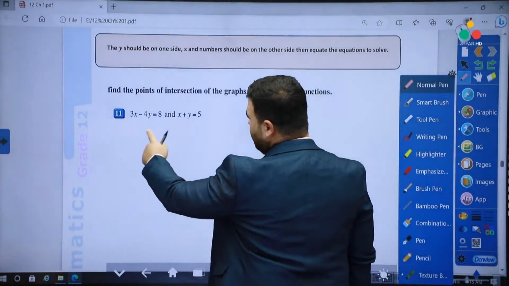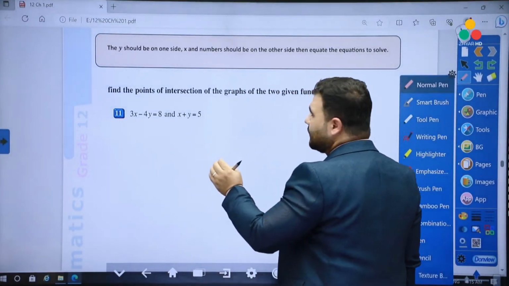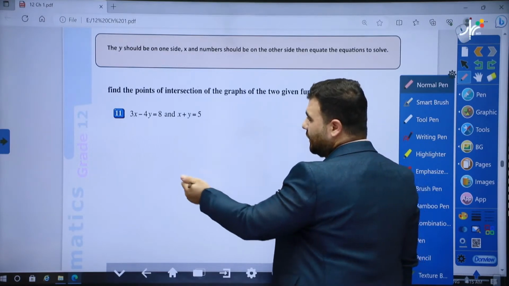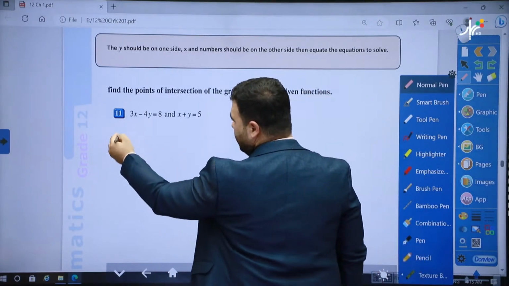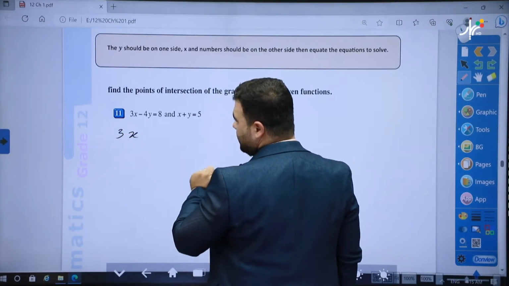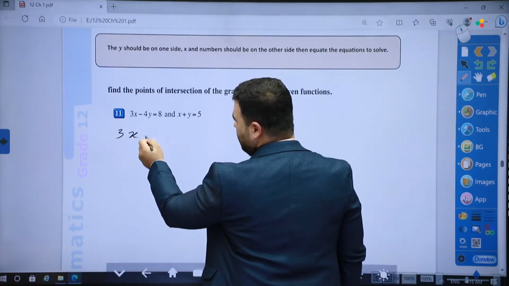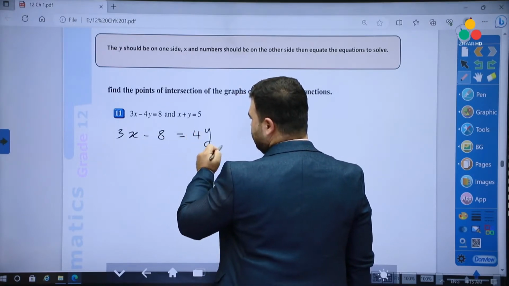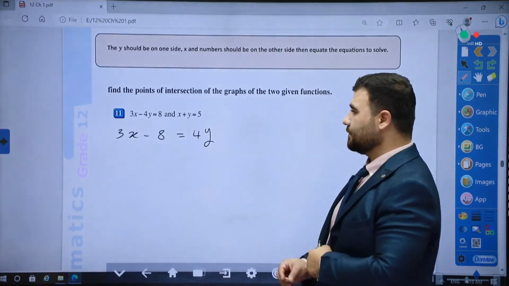In order to solve these, we need to have y alone on one side. Which side doesn't matter. Here, if I want to simplify this, this will be 3x minus 8 equal to 4y. Now, what happened?